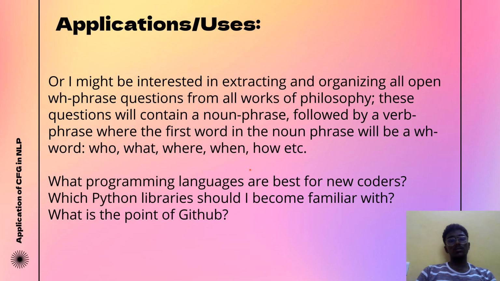Since these start with WH, we can design a simple CFG to classify or extract all the WH questions so that we can organize the data or search how much people are searching for, like what is the point of life, to get a feel of the happiness level and stuff.